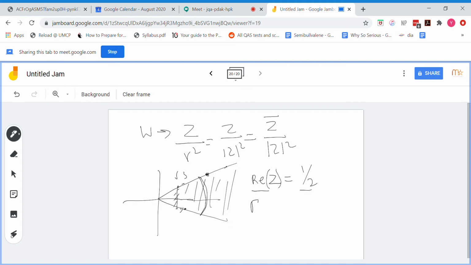So the real part of z is z plus z conjugate over 2, equals half, right? And so we have z plus z conjugate equals 1, right? And so what does this tell us about w?